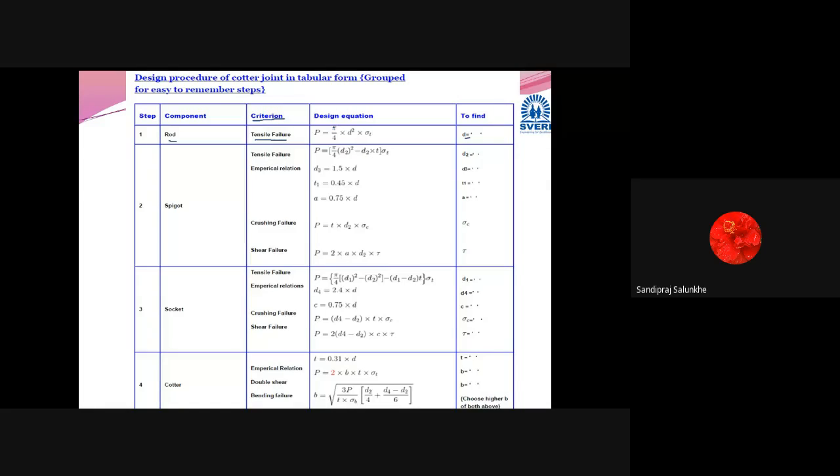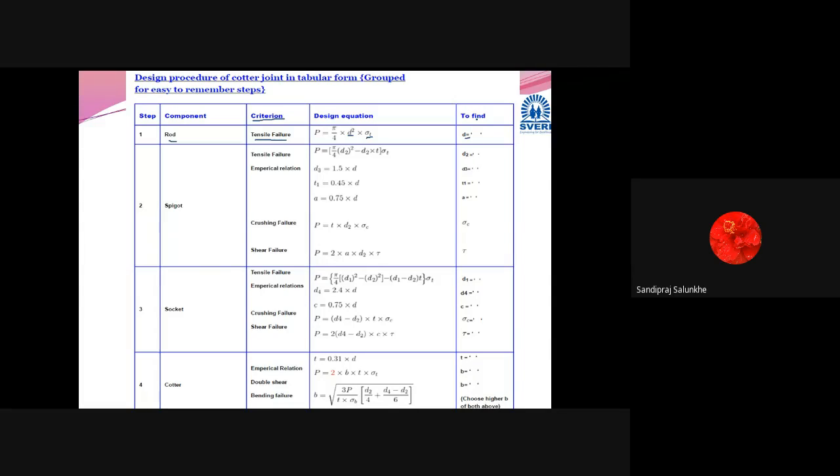Hence we use the formula force is equal to cross-sectional area multiplied by stress, where the stress is the design tensile stress. With this design tensile stress and the force from the data provided in the example, we calculate the diameter of the rod. From this point we started our design.